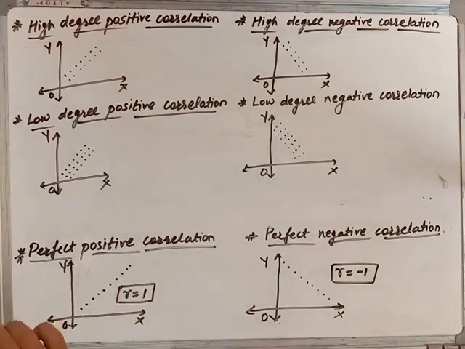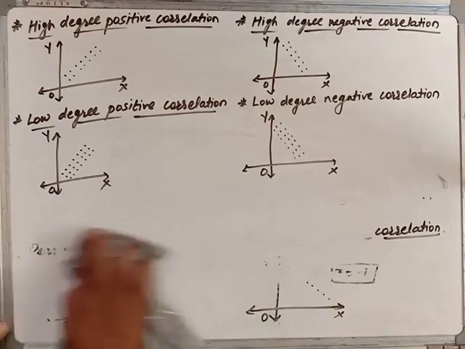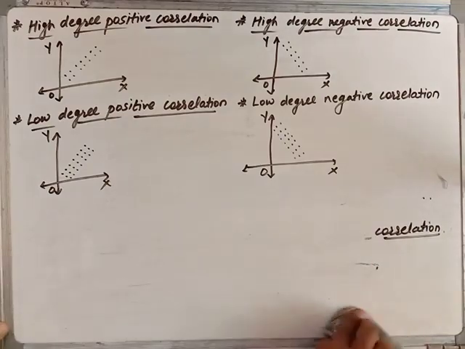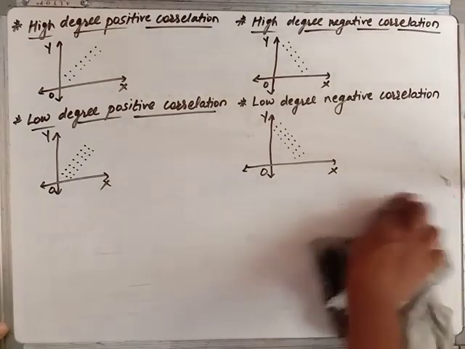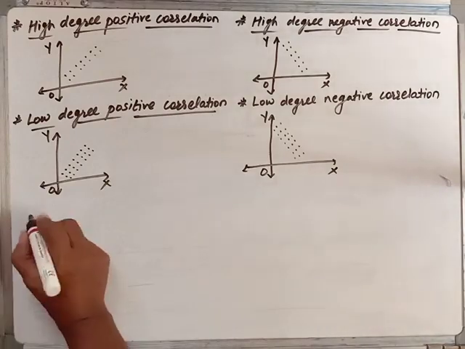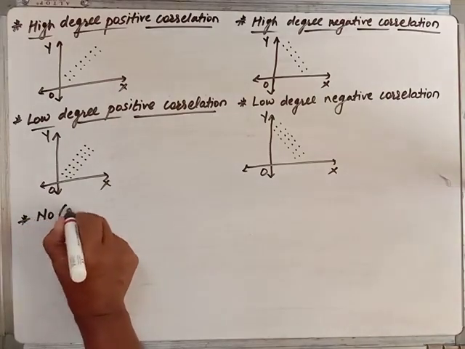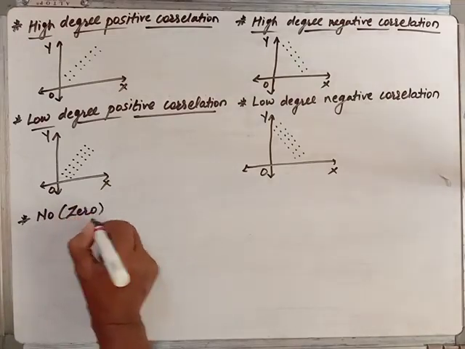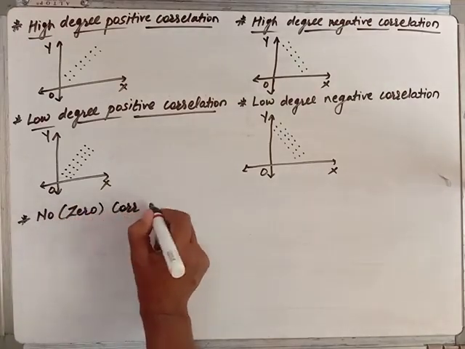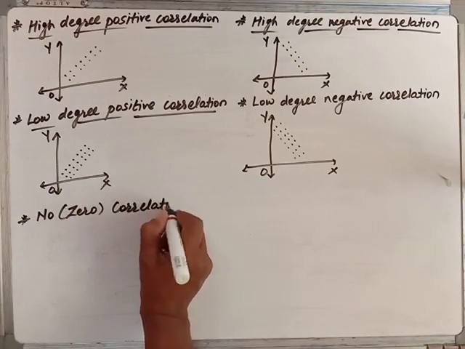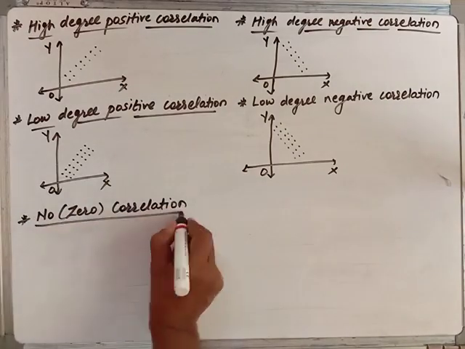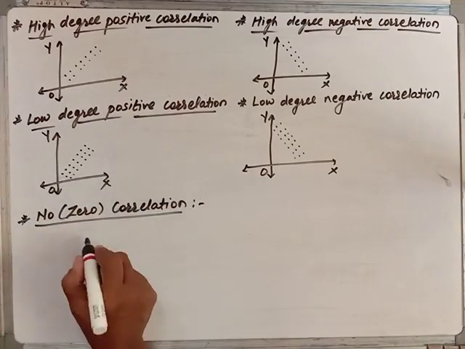Okay. Then one more is left, no correlation. No means a zero correlation. The scatter diagram for that, no or zero correlation. You should note the difference between the scatter diagrams.